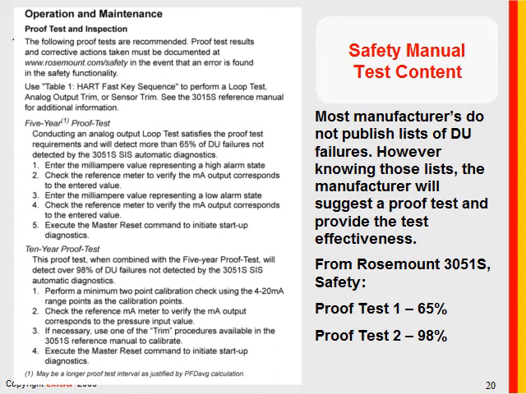Check the reference milliamp meter to verify that it corresponds to the pressure input. If necessary, use a trim function and then execute the master reset command to initiate startup diagnostics. So these are proof tests that a manufacturer has published that tell you the effectiveness of that specific test with regard to the detection of dangerous undetected failures.